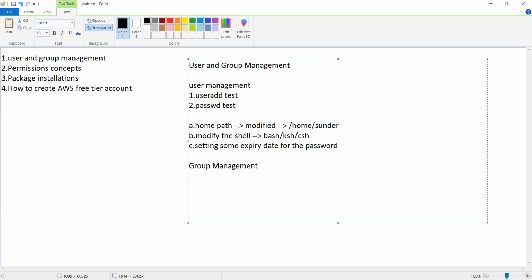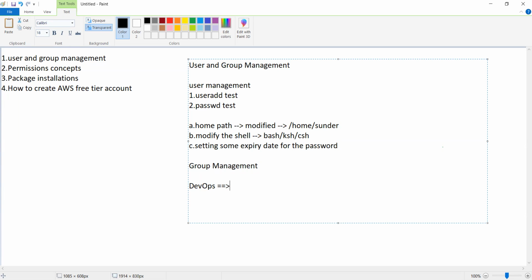In group management, I will simply create a group and later add the users to my group. The reason for creating a group is, let me explain. I am working as a DevOps engineer, so my group is DevOps.